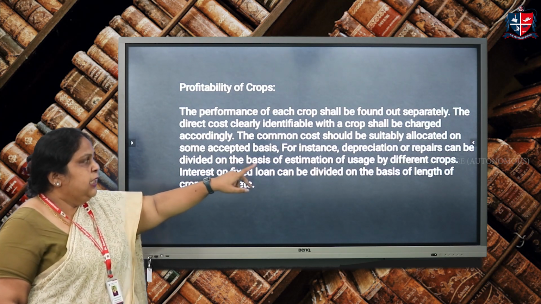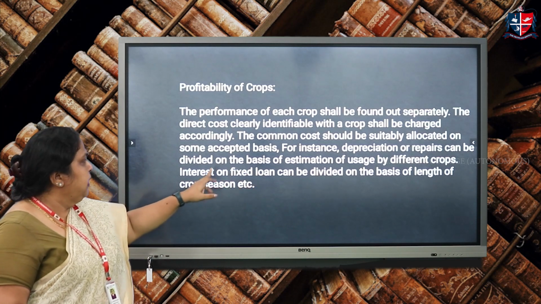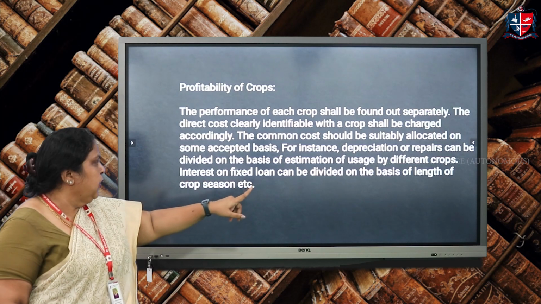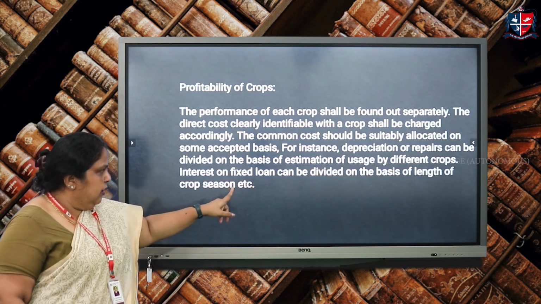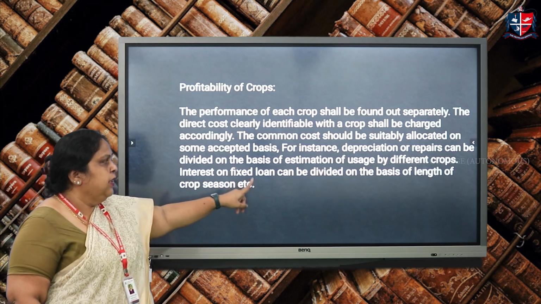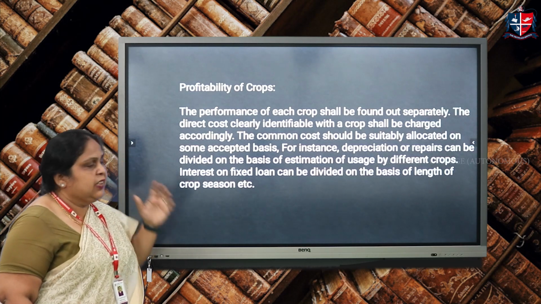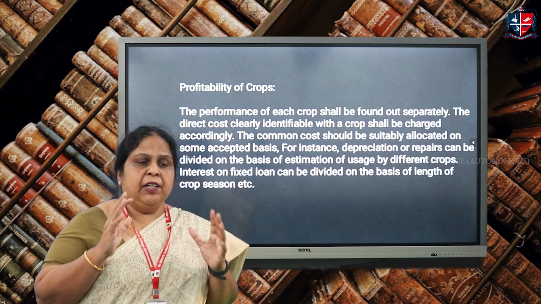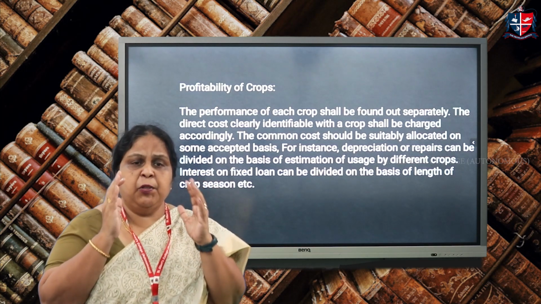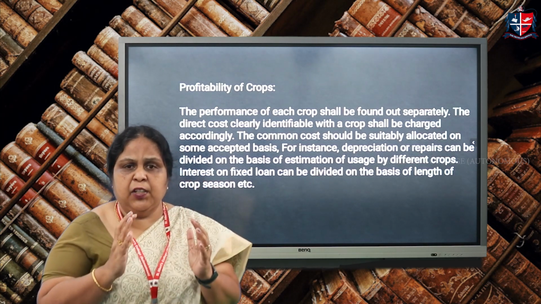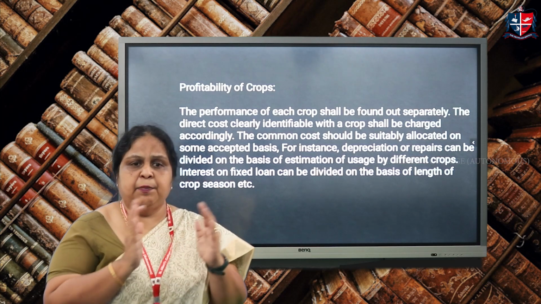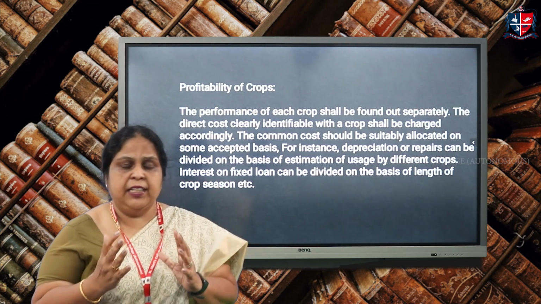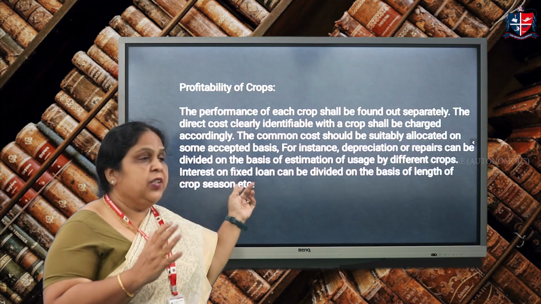For example, depreciation on repairs can be divided on the basis of estimation of usage of different crops, and interest on fixed loan is divided on the basis of length of the crop season. Now, if you are able to identify the expense of a particular crop, you can give the entire expense to that crop. If you are not able to identify, then you have to allocate on the basis of usage.